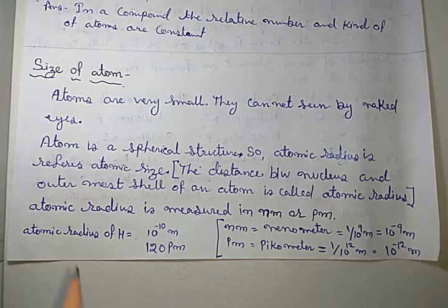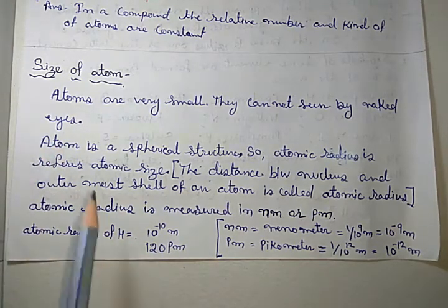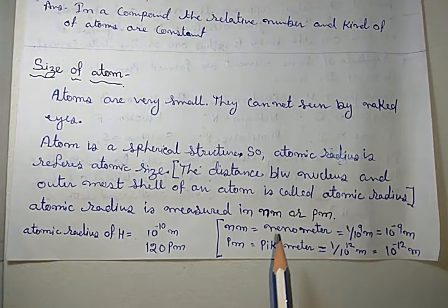Okay, so coming back to the topic, an atom is a spherical structure and atomic radius refers to its atomic size. Since an atom is a very small structure, its size is measured in nanometer or picometer. What is a nanometer?